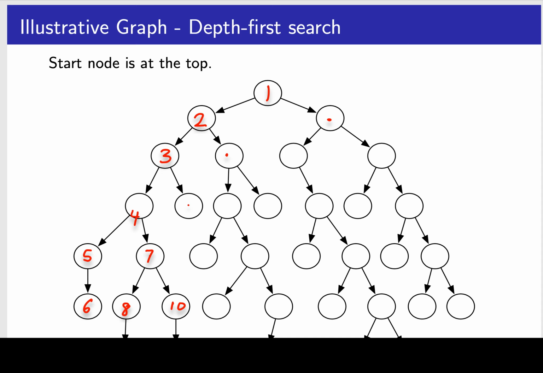Then it's going to go back up to this one as 12. Then it's going to do 13. Okay, 14. So notice how it's going down in a depth first way. The only thing that matters here is which one it's going to expand. There's 16, 17.